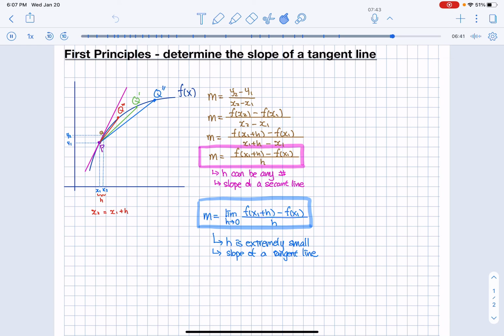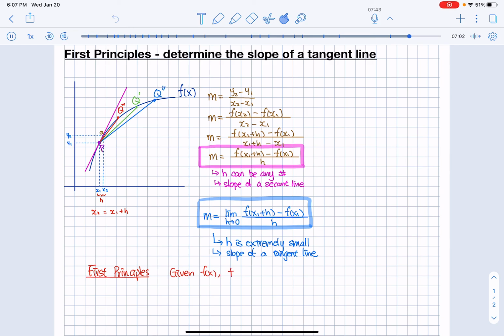Therefore, we say this is actually called the first principles. So the first principles is a formula to find the slope of a tangent line given f(x).